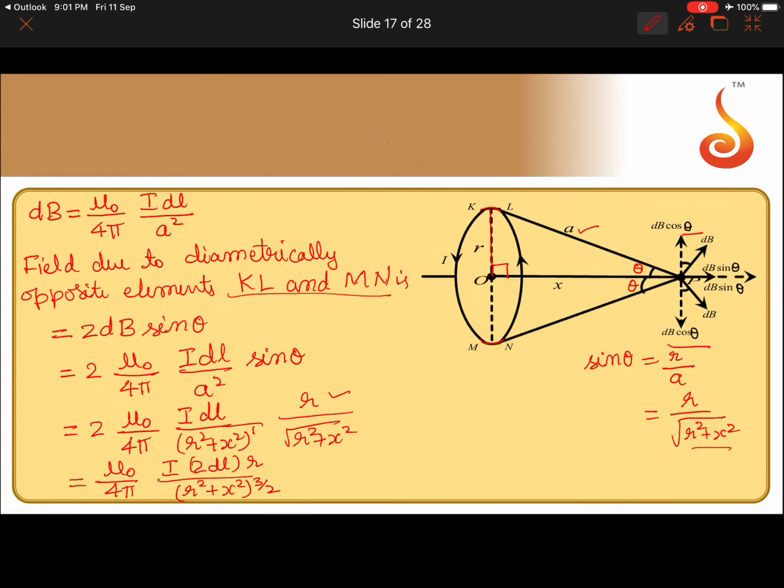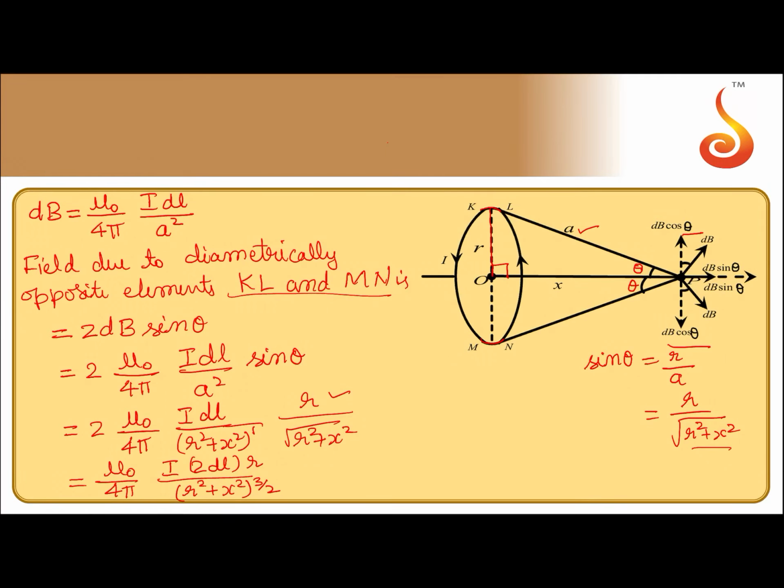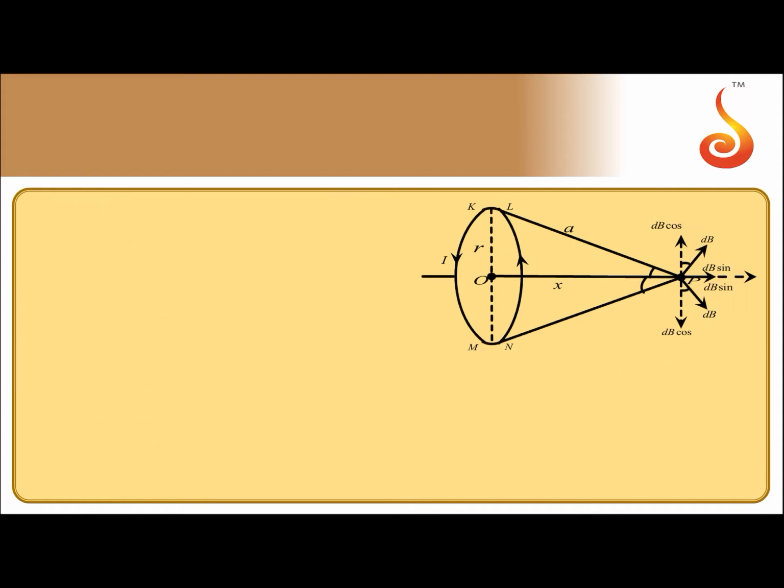Now if you take the field due to the entire coil, clearly every dB cos theta component gets cancelled for every pair of diametrically opposite elements. dB sin theta components get added up.